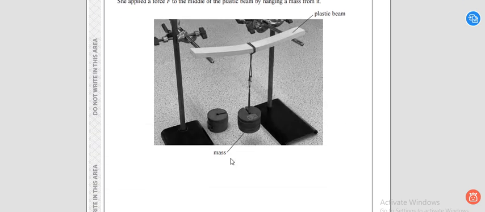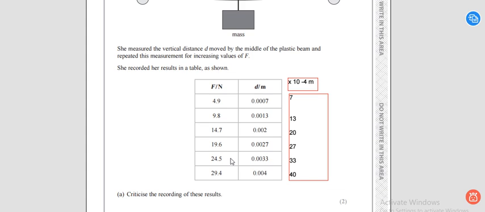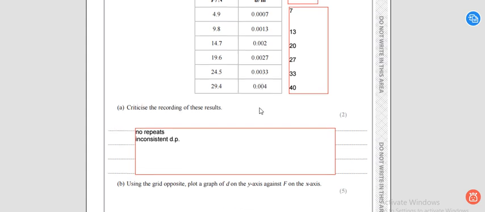A beam with a weight hanged from its center. Here is the force applied and the distance. Criticize the result.